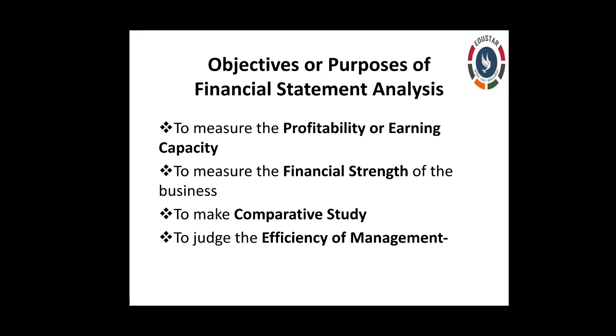Next one, to judge the efficiency of management. It is very difficult for the top level management to handle all the problems inside or outside the organization. The company should take an efficient and effective way to solve the problems arising inside and outside of our business.